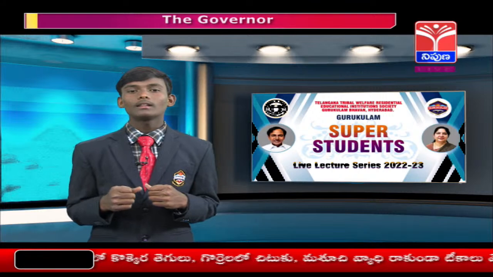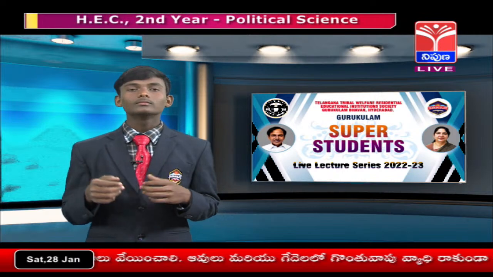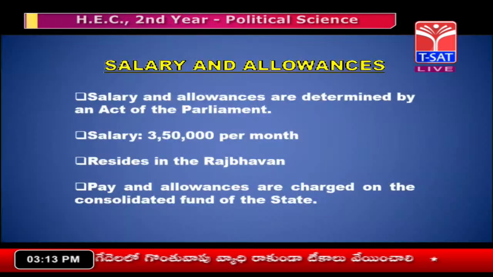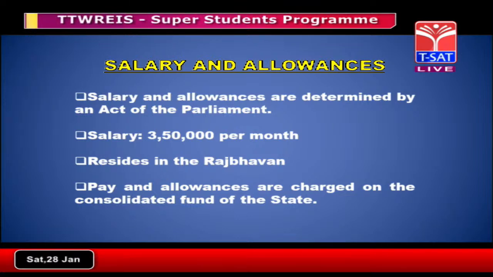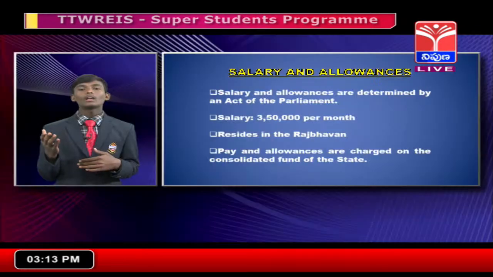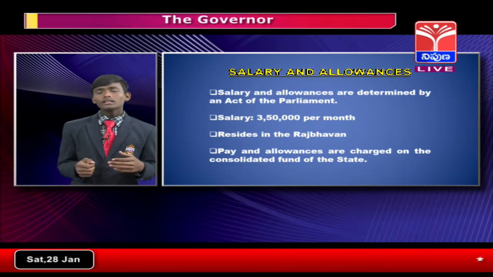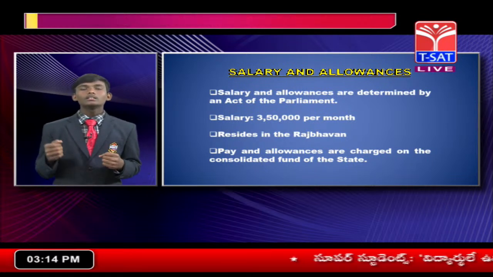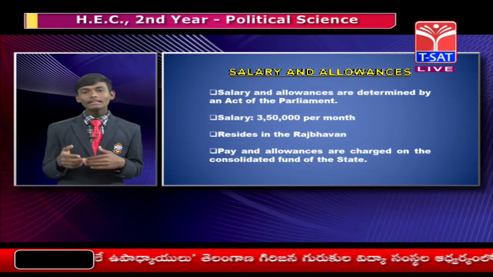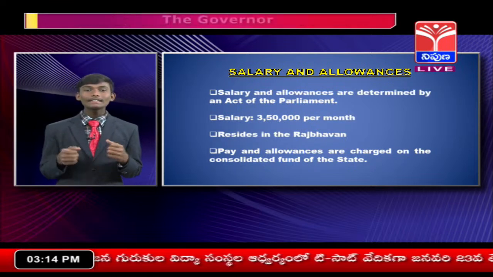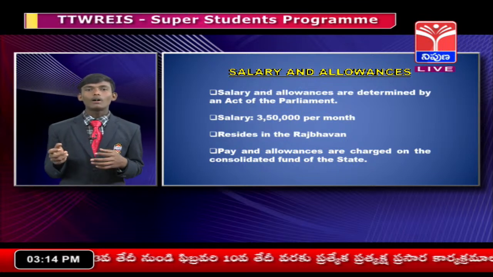We will move to the next one, that is salary and allowances of the governor. The salary and allowances are determined by an act of the parliament. The governor receives a monthly salary of 3,50,000, and he resides in the official building, Raj Bhavan.